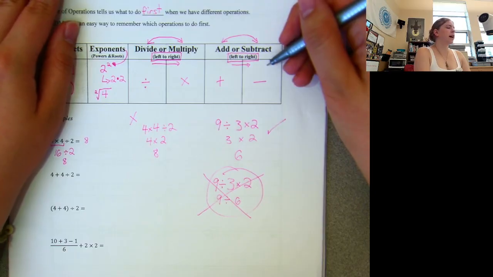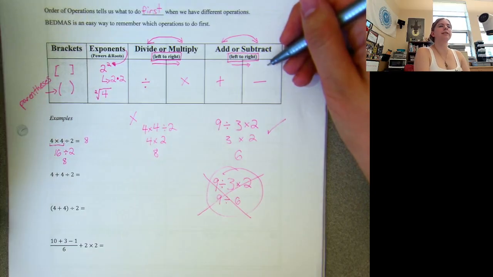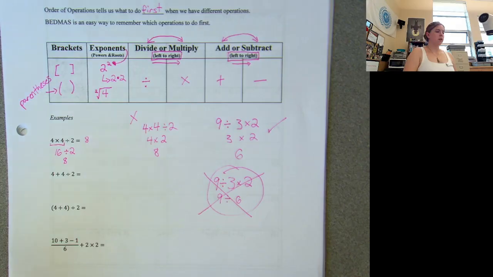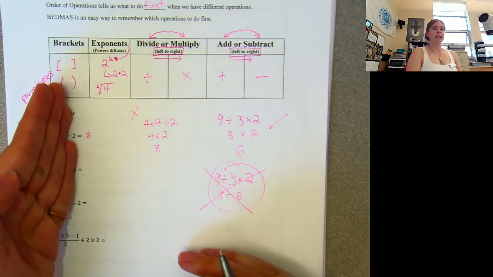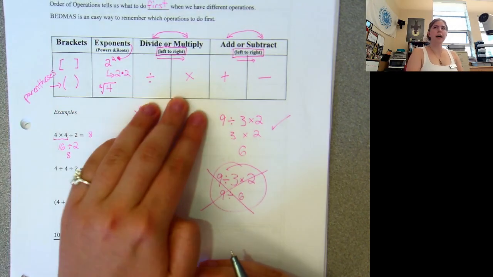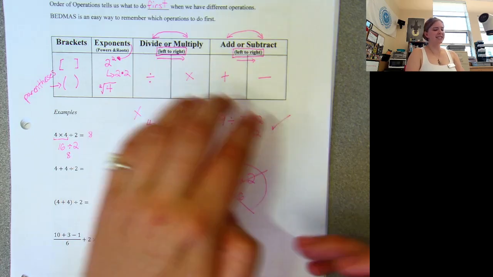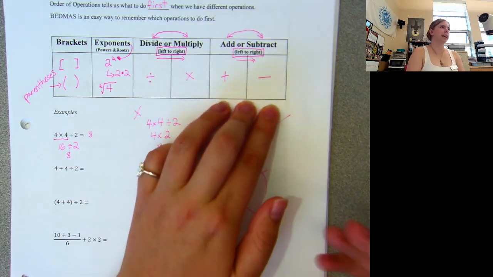But for now, so that it is less complicated in our brains, we're gonna stick with left to right. So we have brackets, exponents, divide or multiply, which is left to right, and addition or subtraction, which is also left to right. All right?